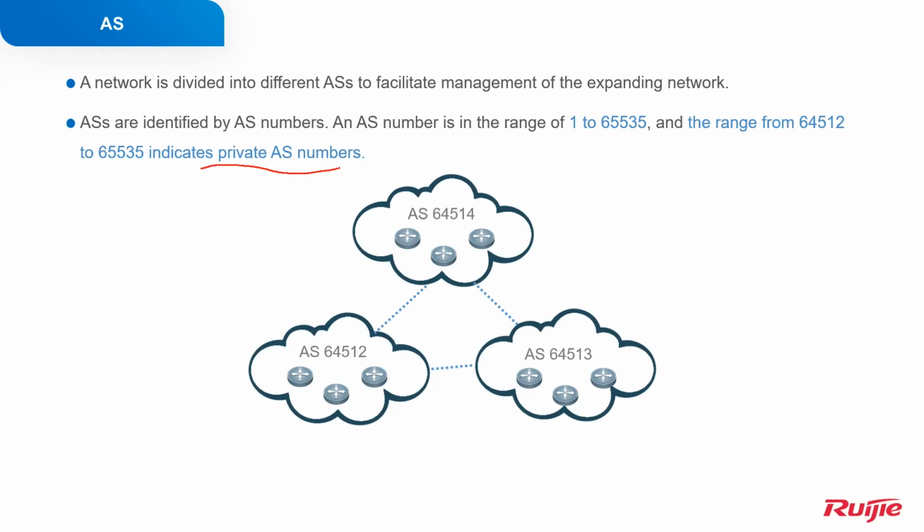Of course, we have technology, for example, to replace the private AS with a public AS, and then you can send out the routing information. The private AS number range is from 64501 to 65535.